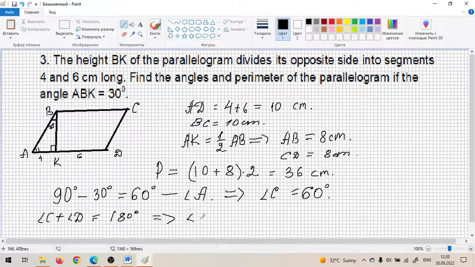So angle D is 180 minus 60. It's 120 degrees. Angle B and angle D are opposite, so they are equal, and angle B is 120 degrees.